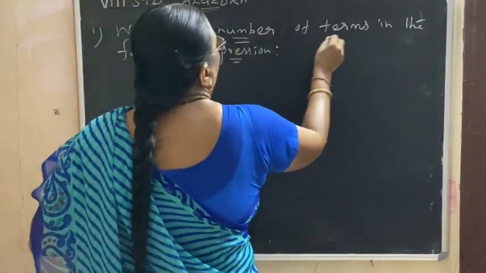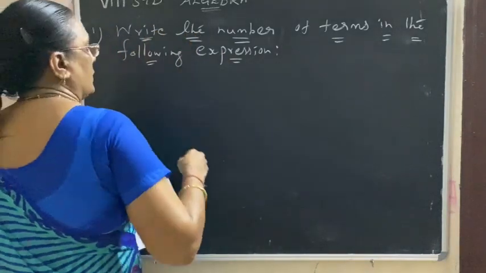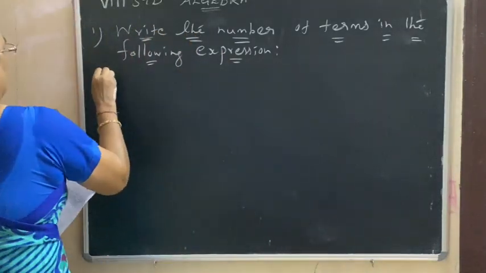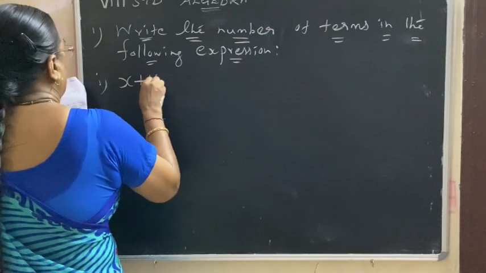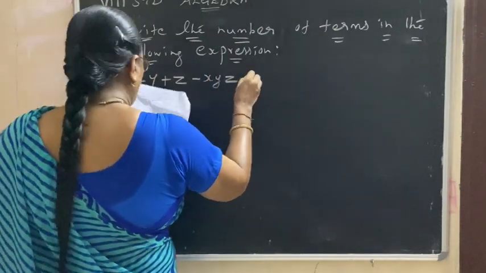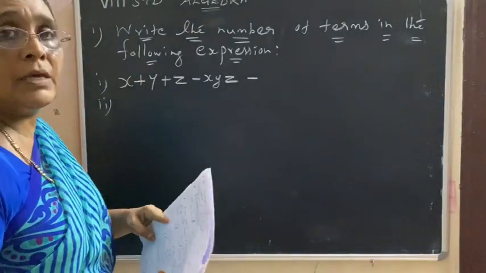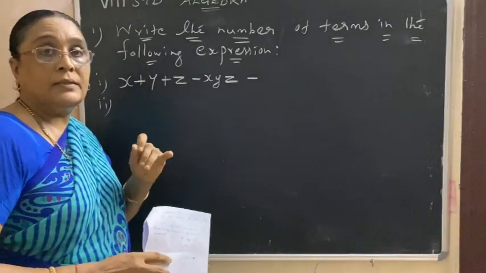You have to write the number of terms. How many terms are there? You have to identify. I will write some problems here. I will do one or two problems, and the rest of the problems you have to do by yourself.